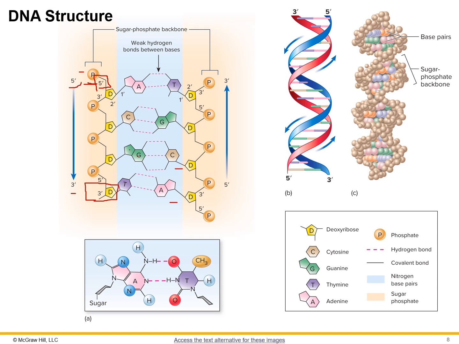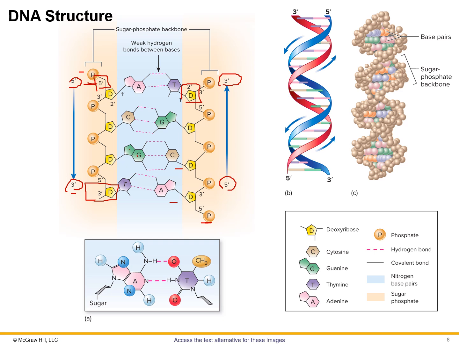So we say this is going in the 5 to 3' direction. So then the complementary strand it's attached to is going in the opposite direction. So the 3' end is here and the 5' end is at the bottom. So again, our phosphate is starting at the bottom, and then our 3' end here has that sugar unit. So it's going in the 5 to 3' direction.